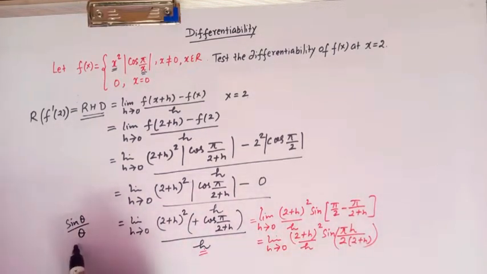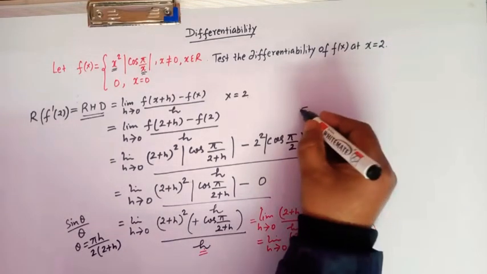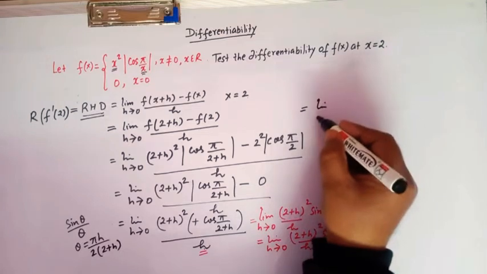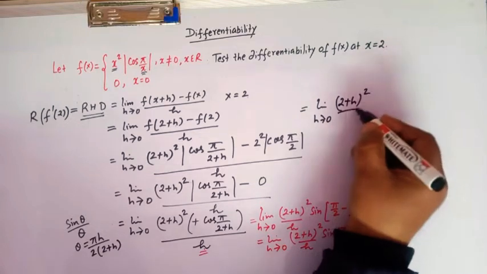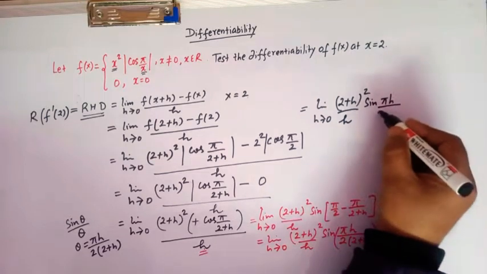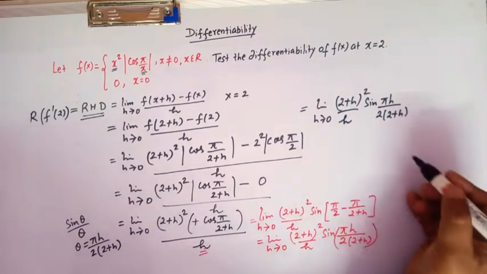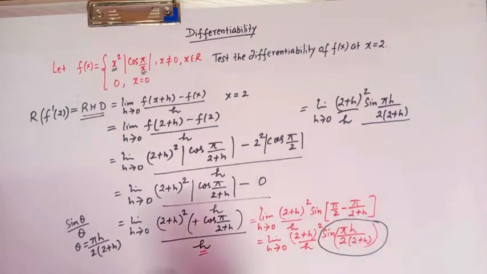If we take theta as pi h over 2 times (2 plus h), then in the next step we can write limit h tends to 0, (2 plus h) whole square over h, and sine of pi h over 2 times (2 plus h), divided by pi h over 2 times (2 plus h), because we have to convert this term in the form sine theta over theta, since we know that limit theta tends to 0, sine theta over theta is equal to 1, right?